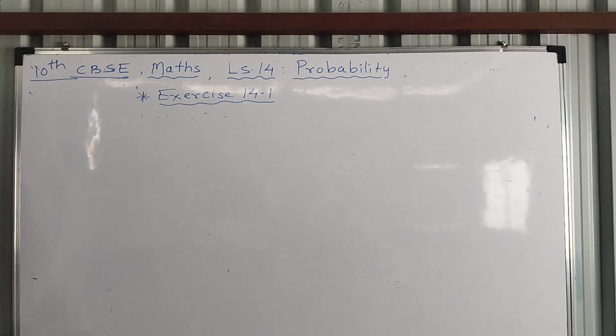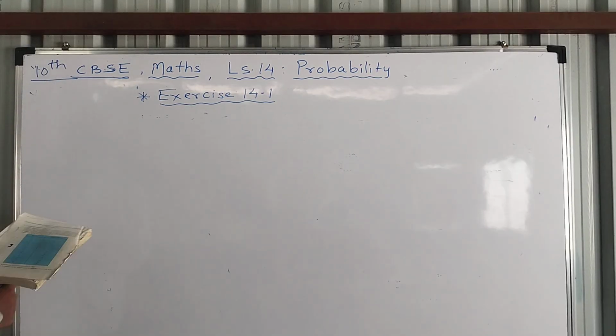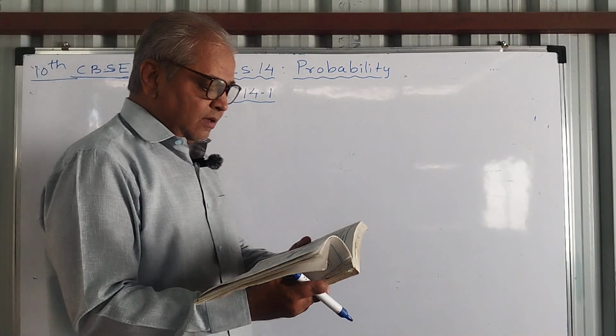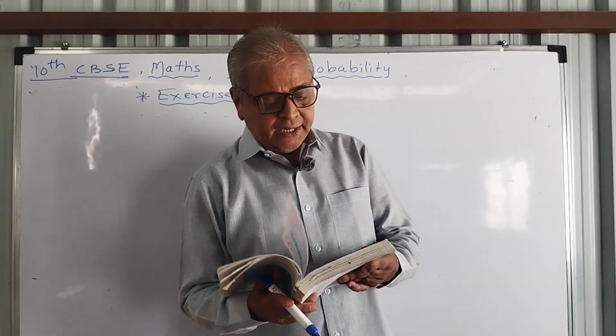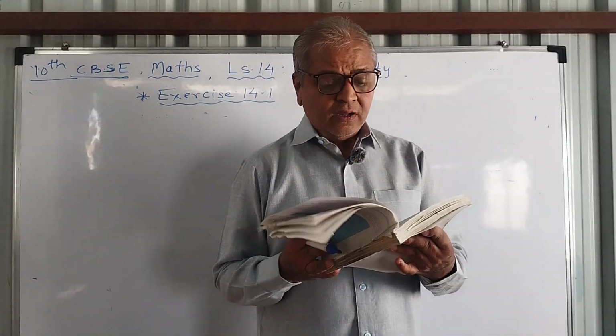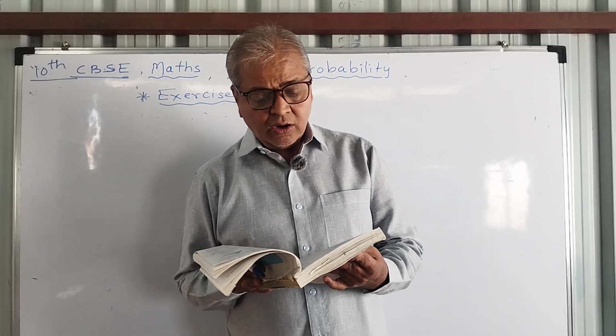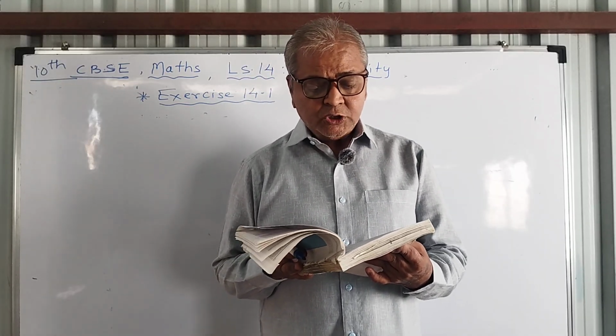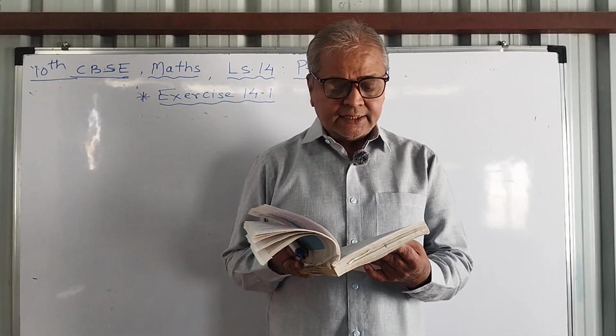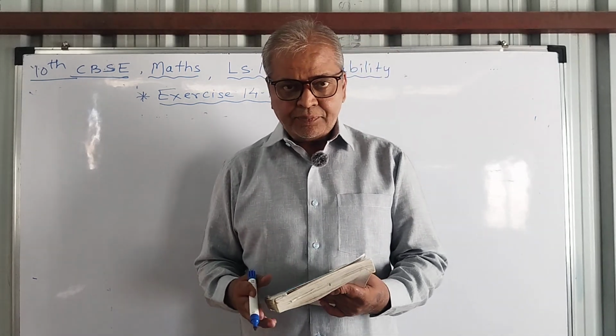Question number 3. Why is tossing a coin considered to be a fair way of deciding which team should get the ball at the beginning of a football game?